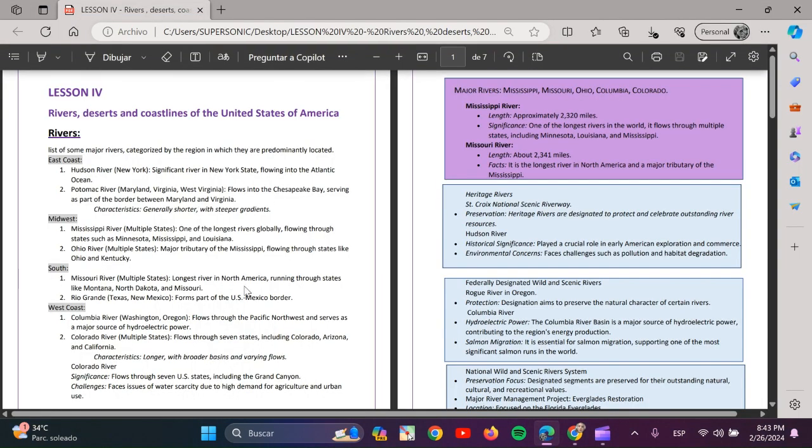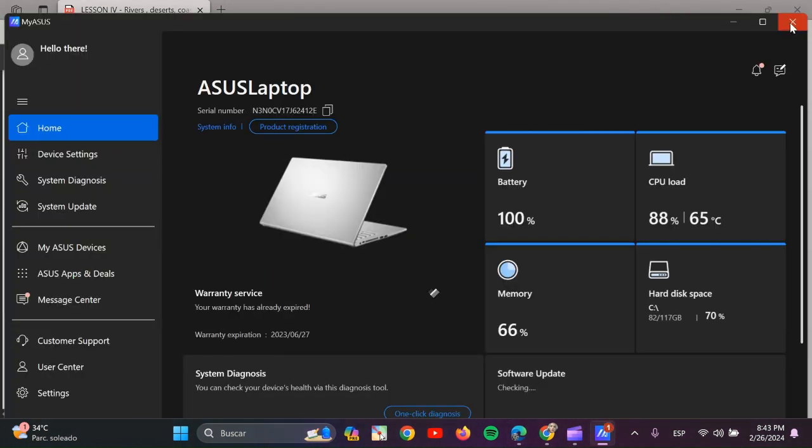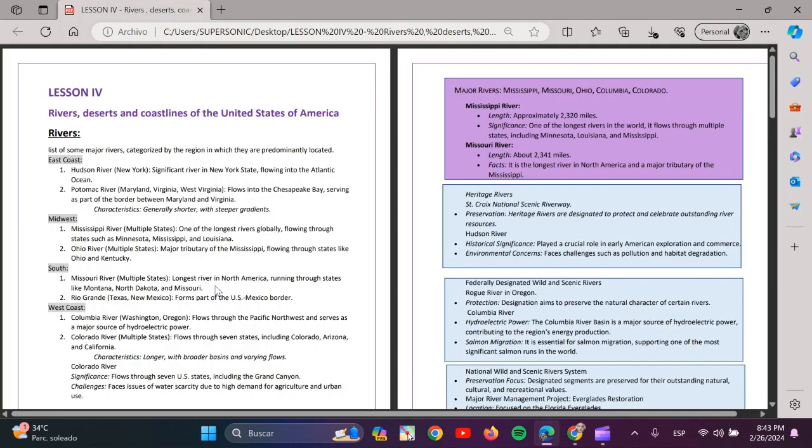Continue to the south, we have the Missouri River, of course, multiple states.